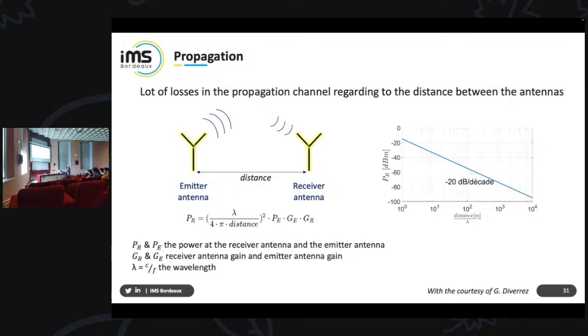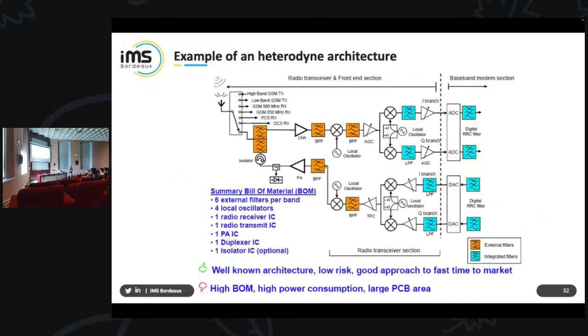Oxygen will absorb all the energy at 60 gigahertz. So if you don't want to communicate far, use 60 gigahertz. You will be limited to a few centimeters. If you want to communicate over long distances, use less than a few gigahertz. And that's why at hundreds of gigahertz, it doesn't go that far. 100 meters is quite a max. Otherwise you have to bring a lot of power, and it will be very hot in the room before you can send a wave.